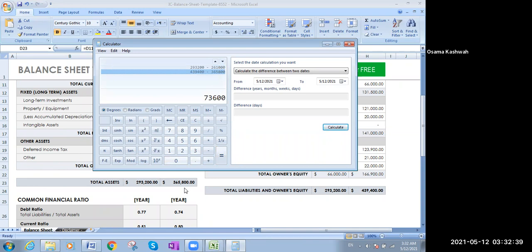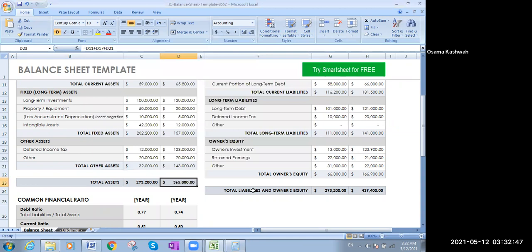That will equal 73,600. Okay, that means I have to add to the weaker part. The weaker part here is intangible assets. I will do the same thing.